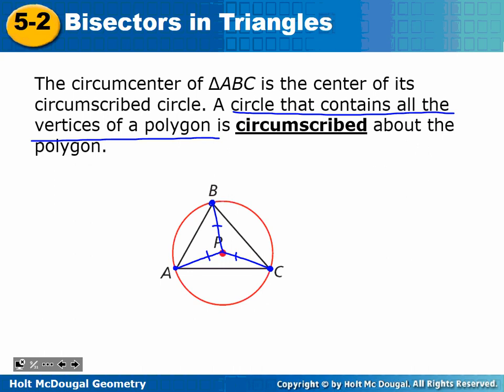In the circle, what is PA or PB or PC? The radius. And what did we learn a long time ago before you came to high school about the radius of a circle? Every radius is the same in the same circle, right? So they're trying to show you that you could draw a circle around this, and the circumcenter to the vertex then would be a radius, and all the radii are equal. That's why the circumcenter theorem is true. So the circumcenter theorem says the distance from the circumcenter to each vertex is the same.